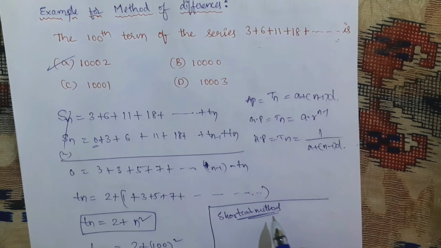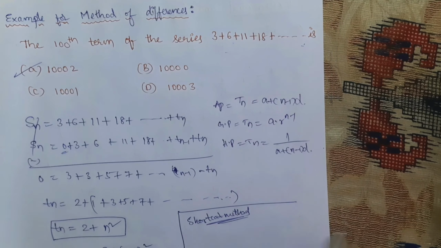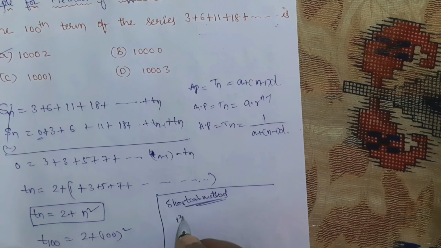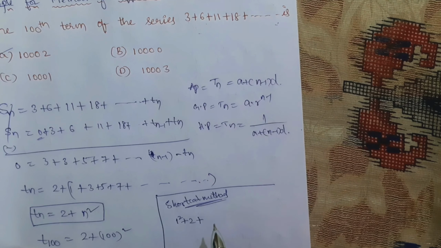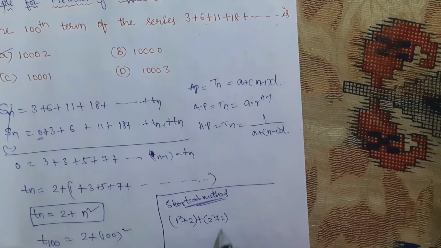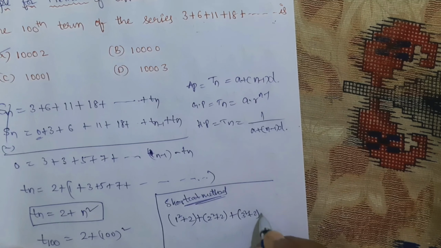If you observe the first term, we can write it as 1 square plus 2. The second term 6 we can write as 2 square plus 2, and 11 we can write as 3 square plus 2.